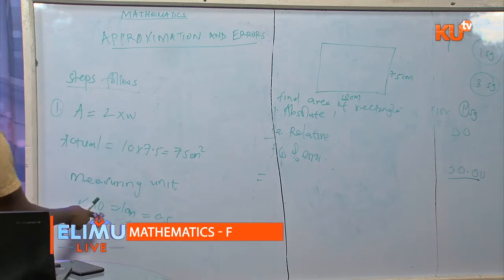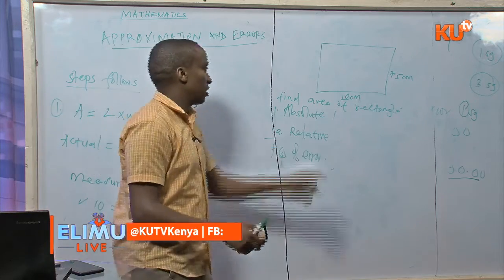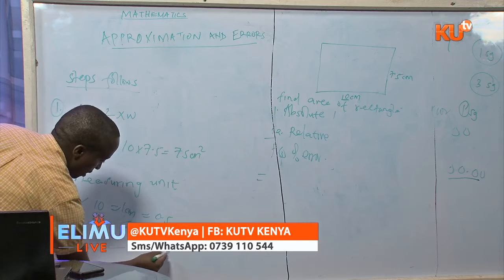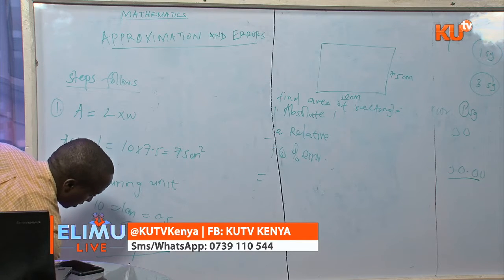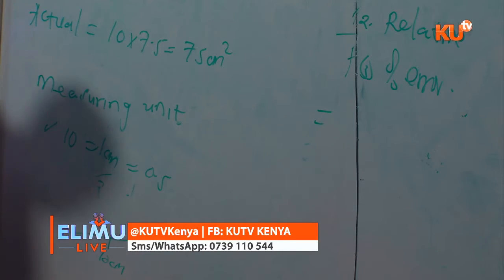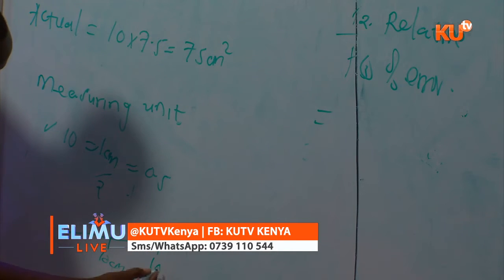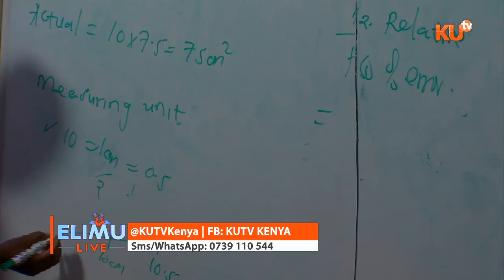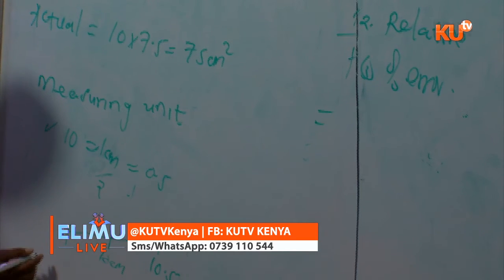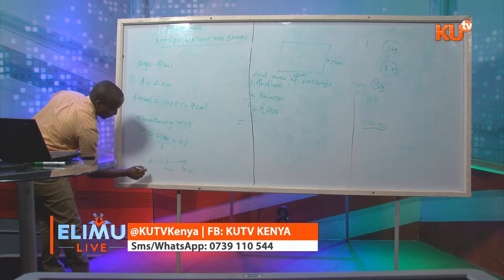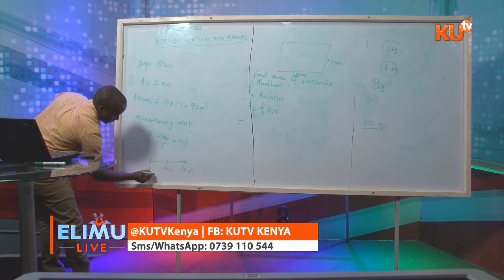So for this measurement, that is the length, if the actual is 10 centimeters, you add 0.5. The upper bound will be 10.5, and the lower bound will be minus 0.5, which is 9.5 centimeters.